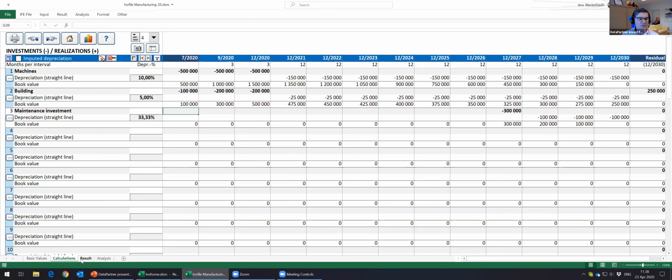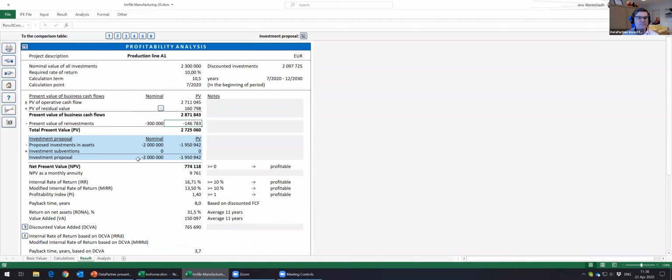Now when I go back to the result sheet, the investment moves from proposed investments to reinvestments, and it's included in the present value. Why does this matter? Because when I make the investment proposal, the investment request to management, I now request 2 million, not 2.3 million, to be spent this year.